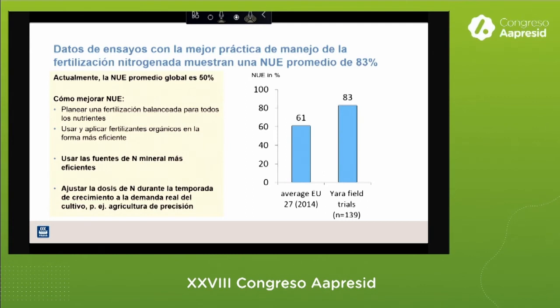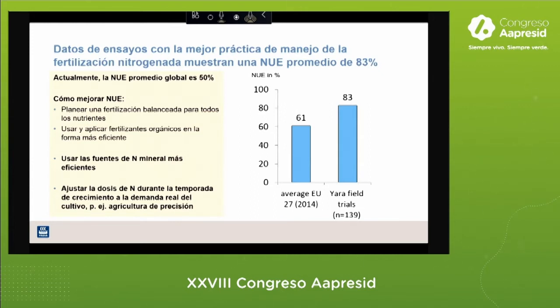Sometimes they can be very leaky during the application. They need to be incorporated. So there's a lot of improvement possible in the organic fertilizers. But when it comes to the mineral fertilizers, there are also differences between the forms of nitrogen, for example, and I will come back to that in a minute.